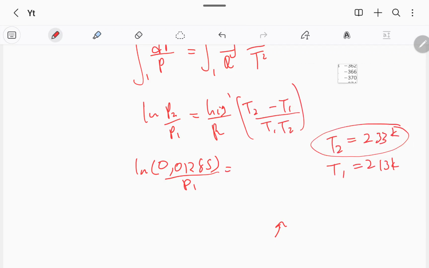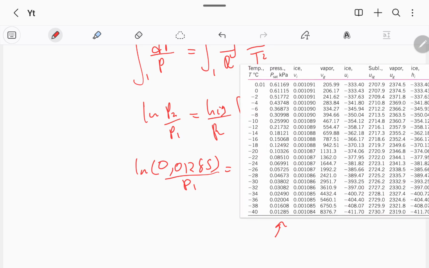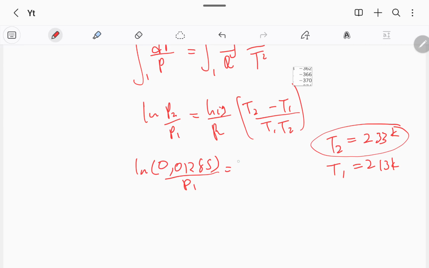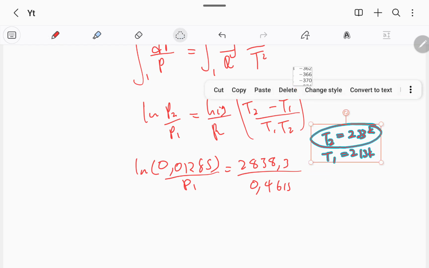Then h_ig, also from the steam table, is 2838.3, all over R, which is a constant, 0.4615. Let me remove these, we don't need them here for now.